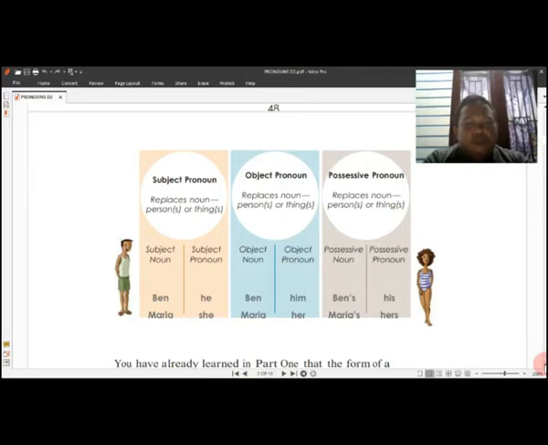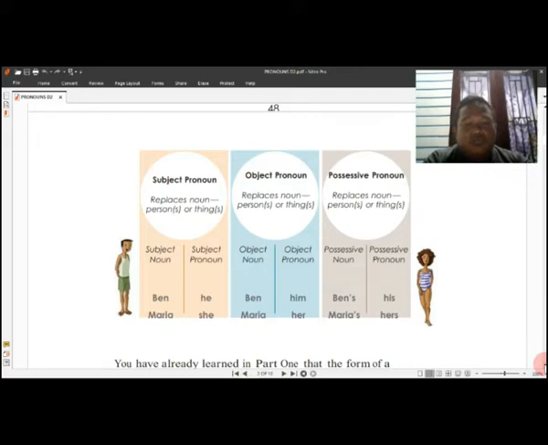You can see the example below. The subject noun, subject pronoun. If the subject noun is Ben, then the subject pronoun becomes he. When the subject noun is Maria, the subject pronoun becomes she.